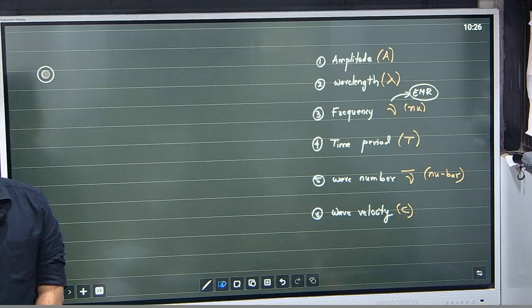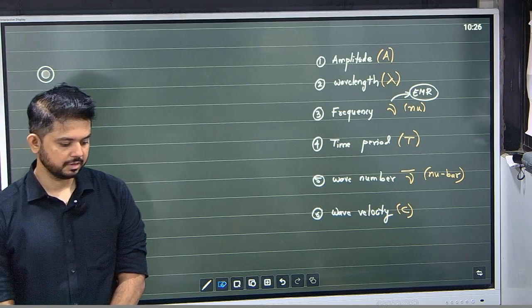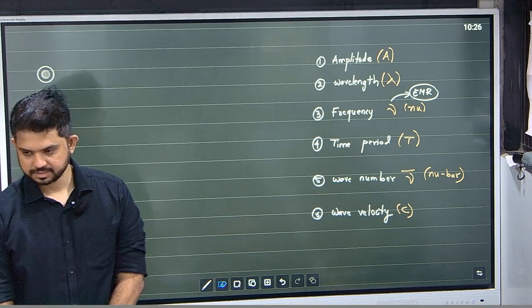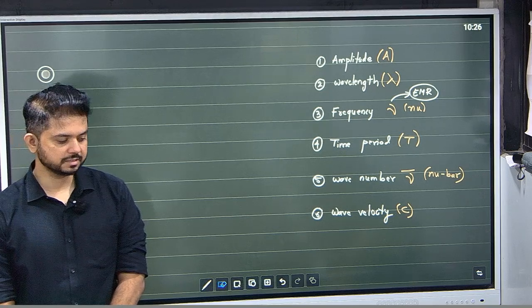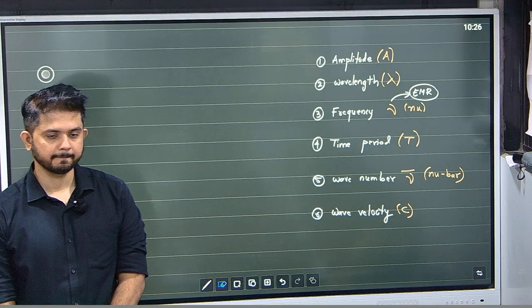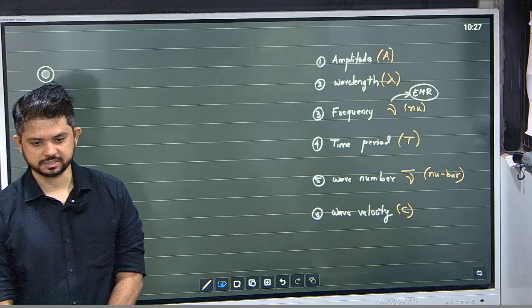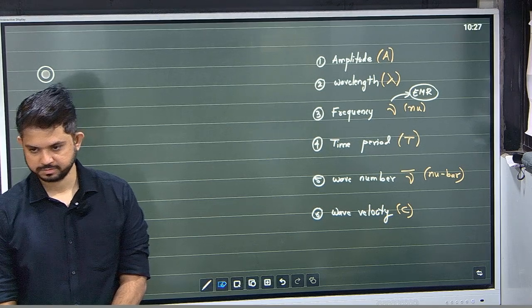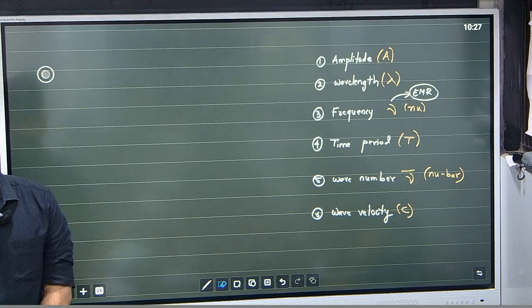It can also be defined as the distance between two common points on the wave.